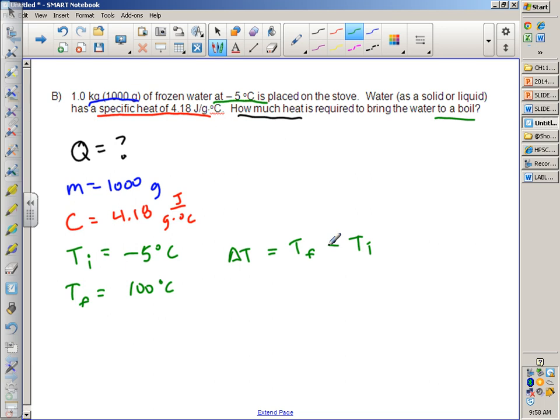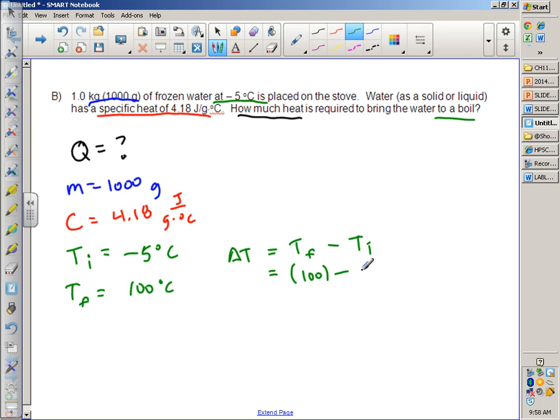Like I said, I know that most of you could probably figure out that delta T is 105, but let's keep in mind that the math has to support that, okay? So, we start plugging in things that we know here, right? We said that the final temperature here has to be 100. Then we subtract the initial temperature.